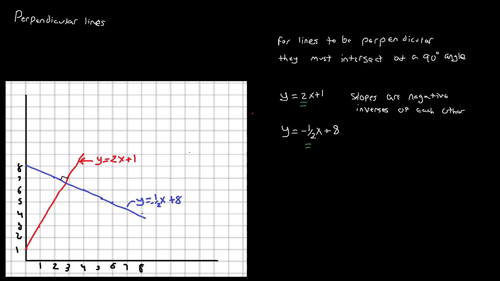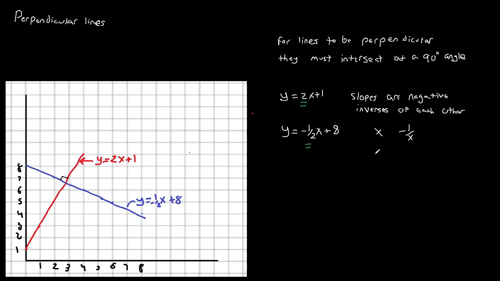And to put that in sort of terms that are a little more abstract here, right? In this case, we have 2 and negative 1/2. But if we were to put that in algebraic terms, negative inverse would be x compared to negative 1 over x, right?